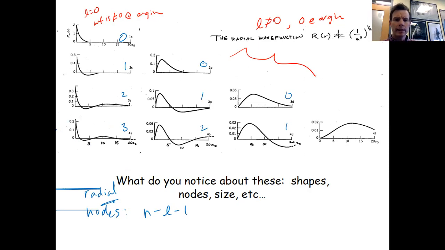Last but not least, let me suggest to you that if you were to look across a row, so here I'm going from an S to a P to a D, I go across this way, the wave function is spreading out.